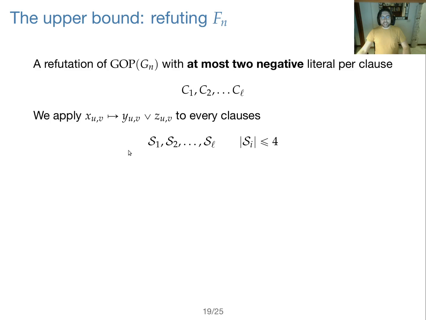So every SI is a set of 4 clauses, such that SI is the set of 4 clauses obtained by lifting CI.